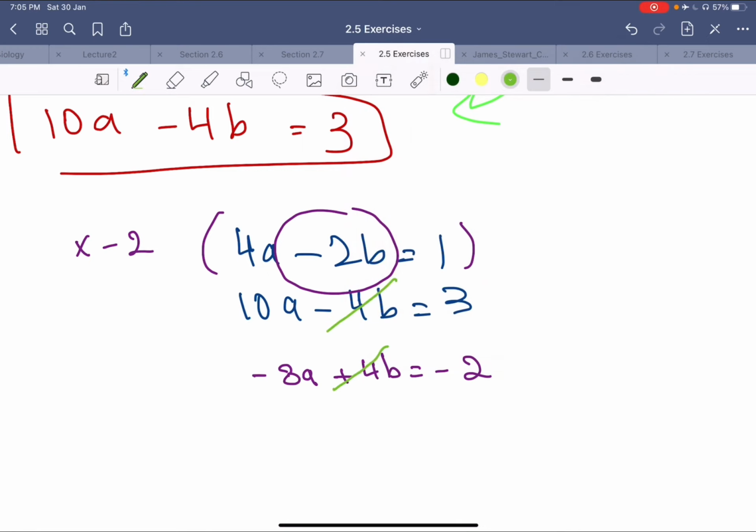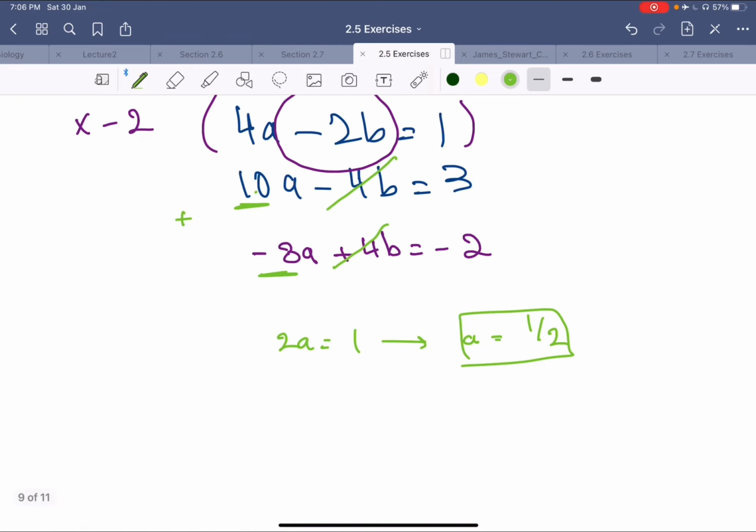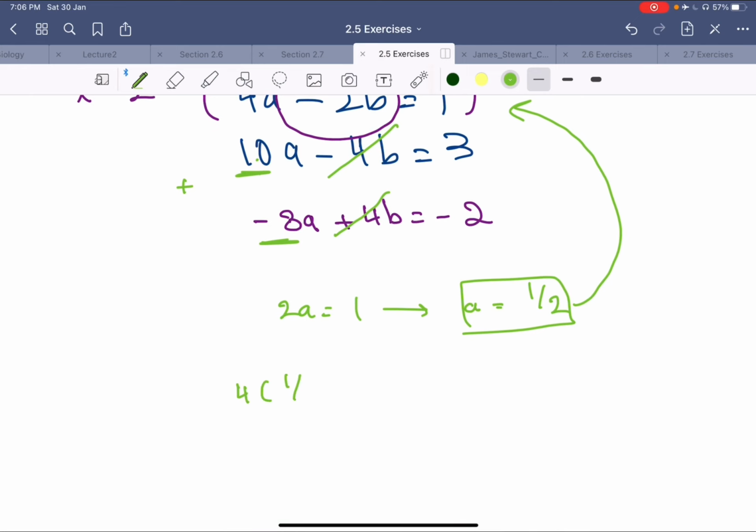Now we eliminate: the b cancels with the b, as if we added them. 10 minus 8 will give us 2a equals 3 minus 2, which is 1, so a will give us half. Now we substitute a in this equation: 4 times half minus 2b equals 1. 4 times half gives us 2, so 2 minus 2b equals 1.